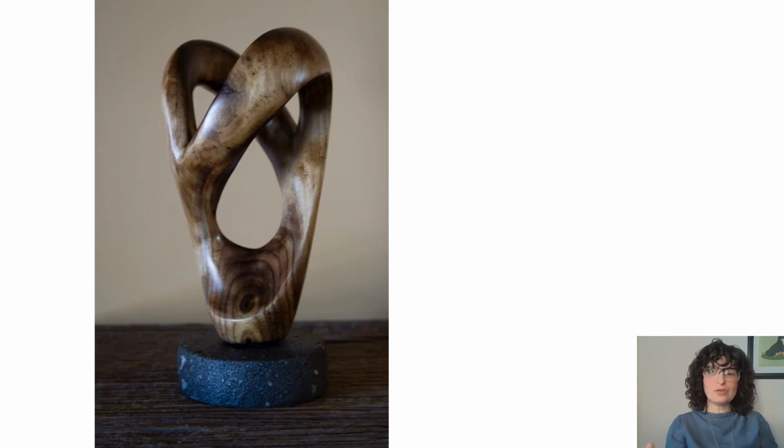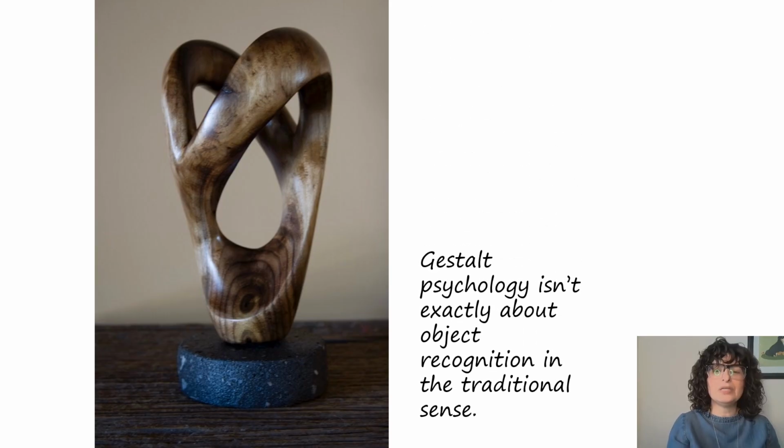Now, I mentioned already that Gestalt psychology is unique in its approach among the three and arguably four approaches that we're going to be talking about around object perception, because it's not about recognizing what an object is. Looking at this object here, fundamentally, it's sort of an abstract piece of art. What is it? Who knows? But Gestalt psychology isn't exactly about recognizing that this is an abstract piece of art or recognizing what it is as an object.